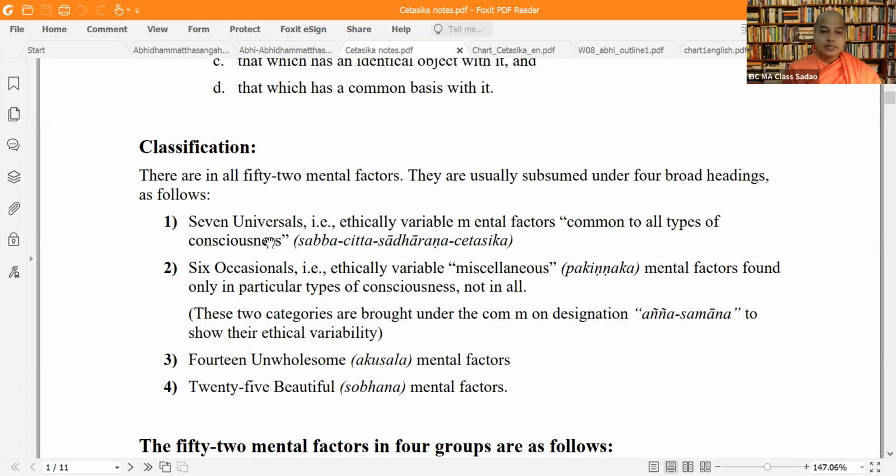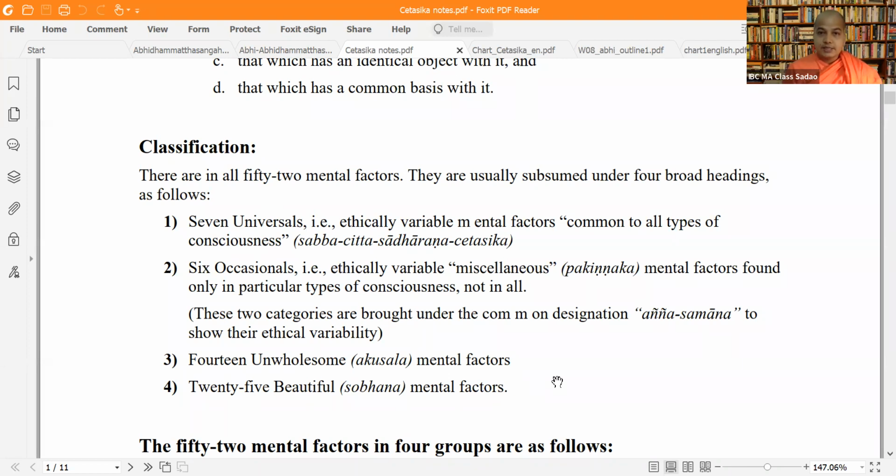Now, one of the characteristics of these two types is that, if you look at the following two types, one is termed as Akusala, the other is termed as Sobana, right? So Akusala refers to unwholesome, Sobana, beautiful, and it is very clear that the Chetasikas belonging to this category should arise only in the Akusala consciousness.